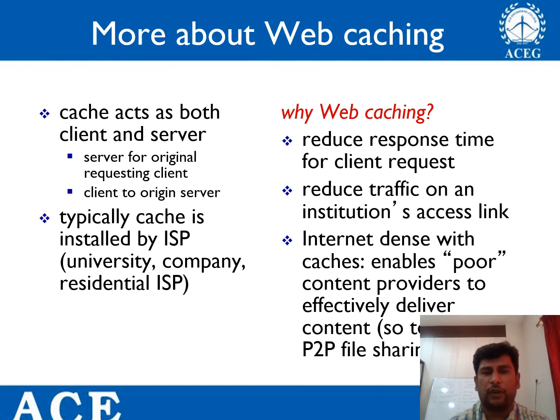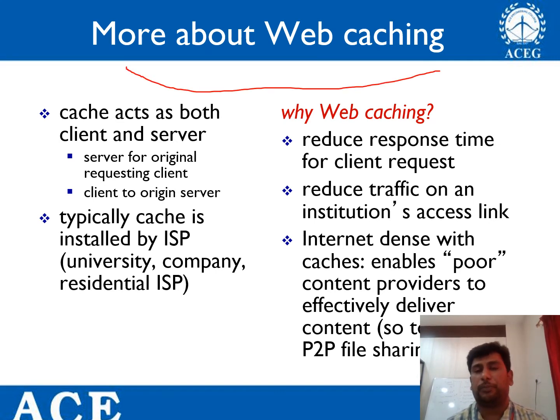Right. So what exactly is web cache and the service it provides to clients? Let's have a quick understanding. The proxy server which implements web caching acts both as a client as well as a server, as we mentioned earlier. For the requesting client, it acts as a server and gives the content from its cache memory. So it's a server for the original requesting client, and for the actual server, it acts as a client.